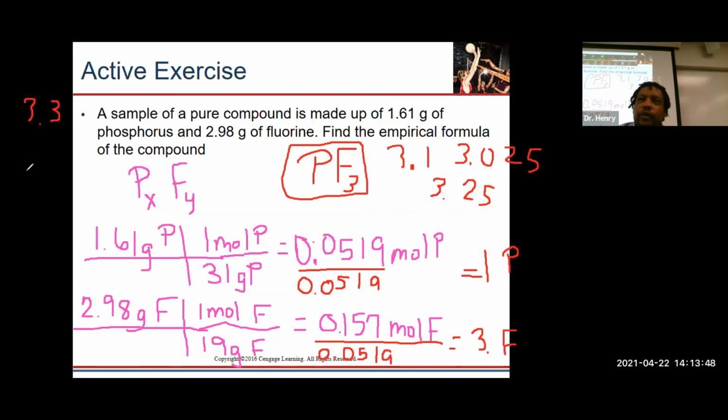So if I had 3.3, what number would I need to multiply that by to make it a whole number? Let's say, for kicks and giggles, I ended up with this value here, 3.3.